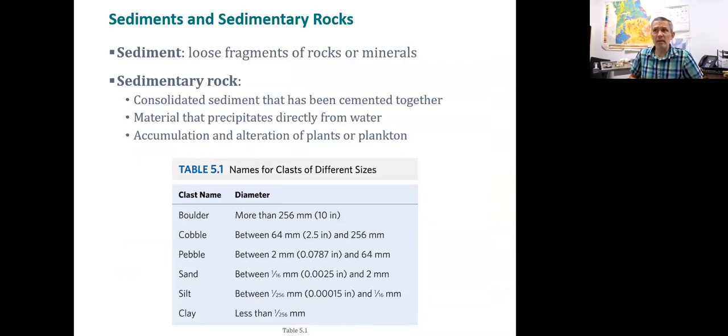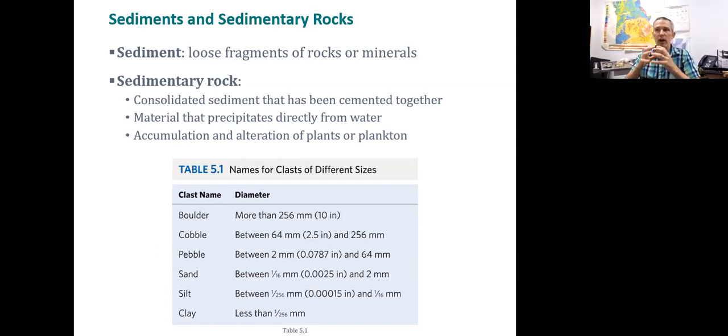When we start looking at sediments, there are a number of different ways that we can classify them. The first way that we're going to look at classifying sediments is by the size of these sediments. And when we start looking at size, there are some very distinct boundaries here. The first one that we're going to be looking at are boulders, and you know those as things that are fairly large.